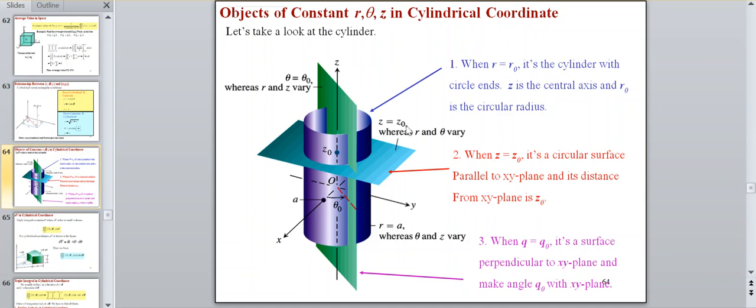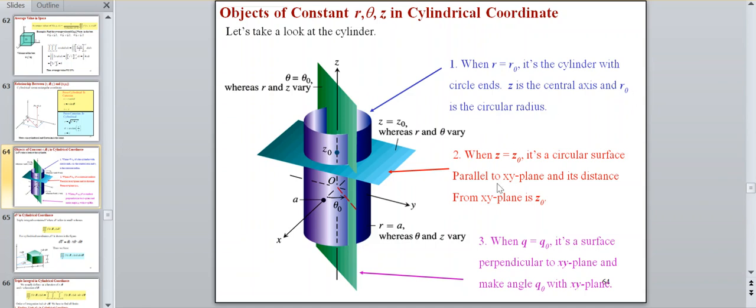So what do you see? A cylinder. So r equals r0 is a cylinder.